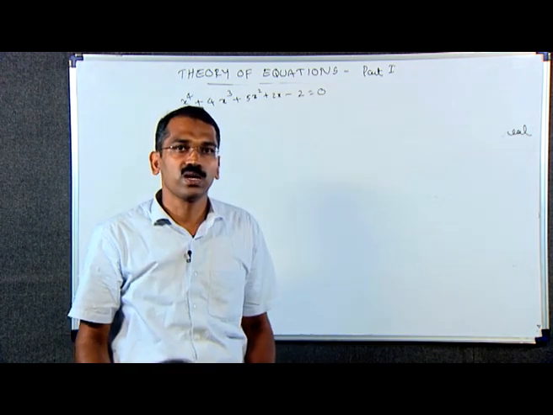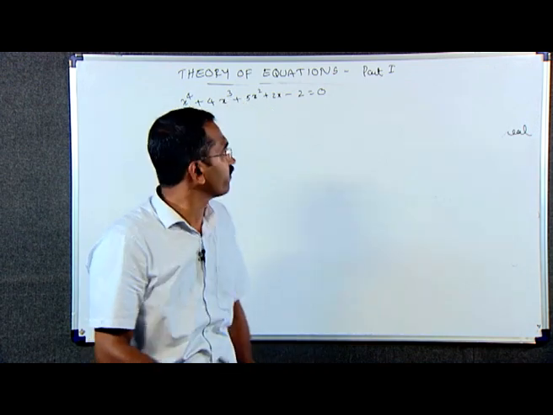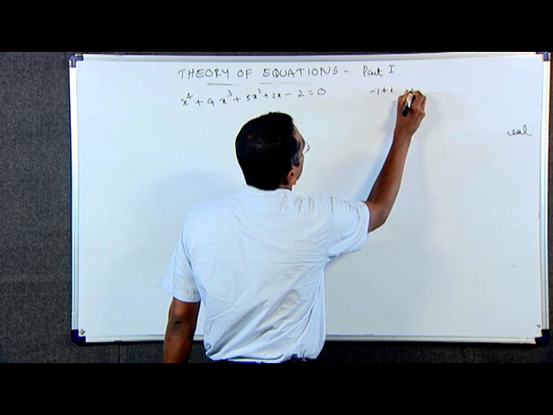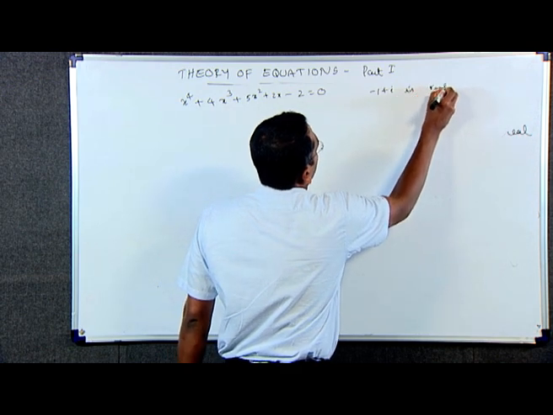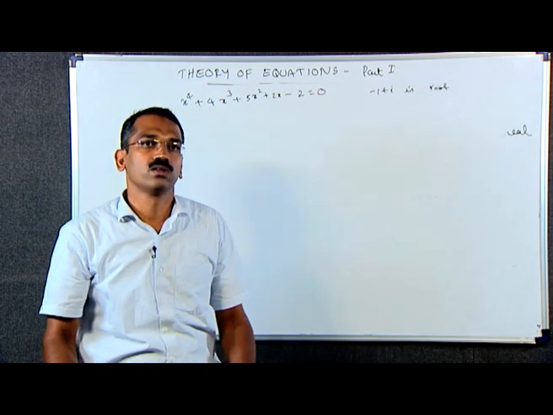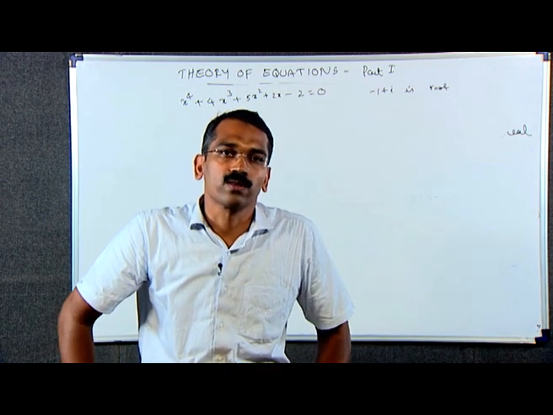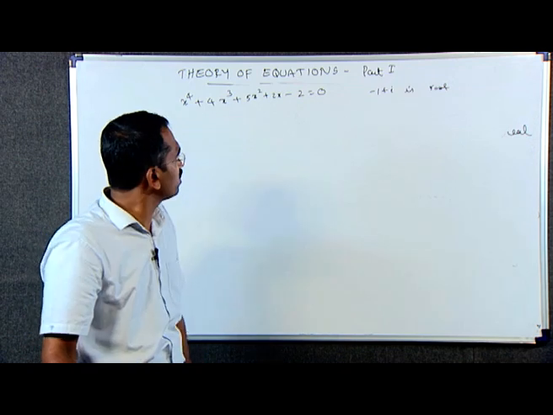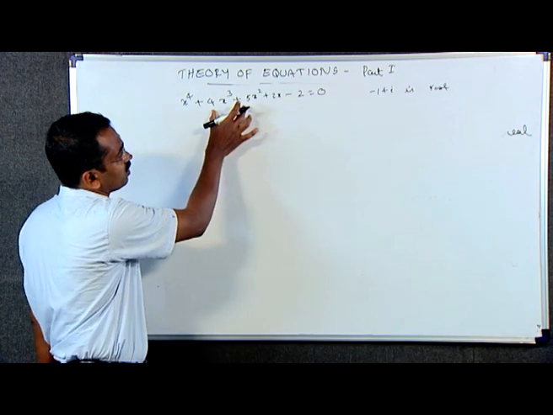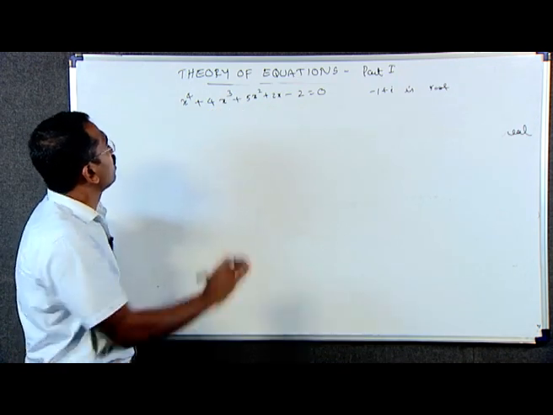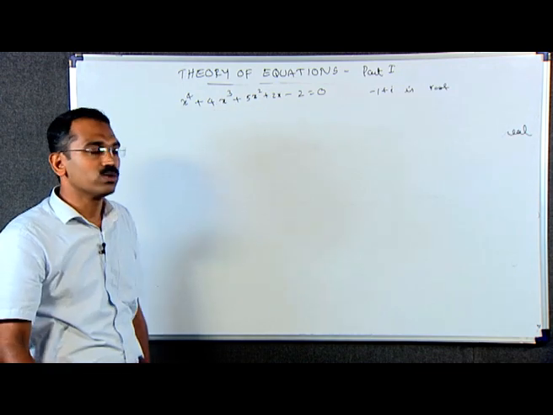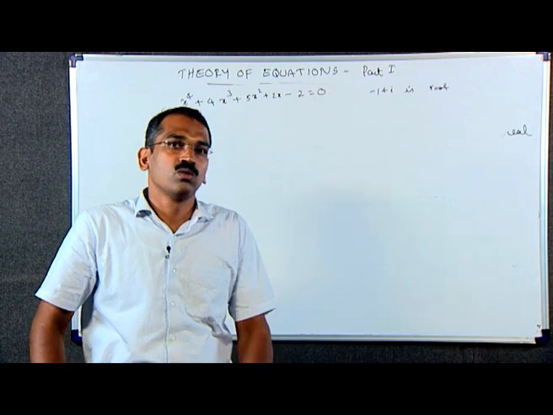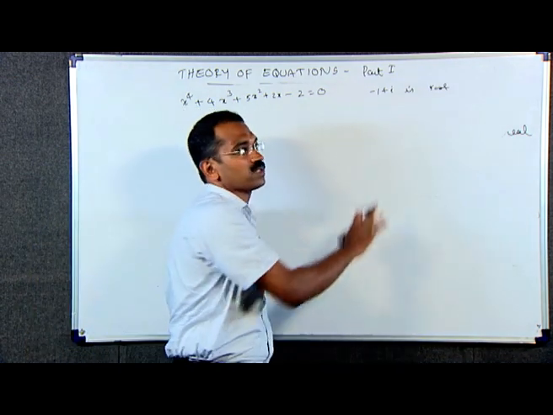Given that minus 1 plus i is a root, we are given that minus 1 plus i is a root of this equation, then find the solution of the corresponding differential equation. This is the corresponding polynomial equation. This is of degree 4. Therefore, this equation has 4 roots. One root is minus 1 plus i.